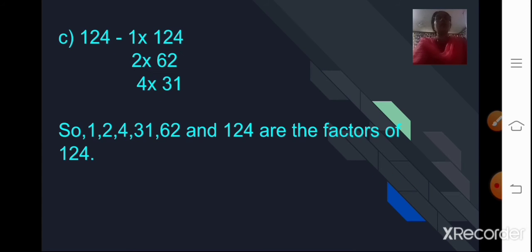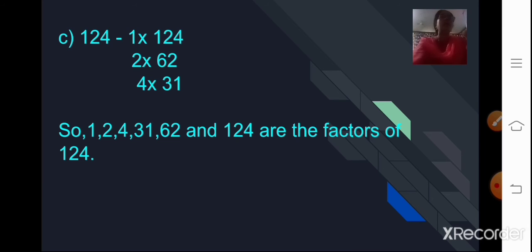Now coming to the next number, 124. Here let us start with 1. 1 into 124 is 124. Now 4 is in the ones place, that means it is divisible by 2. When you divide 124 by 2, you get the quotient 62, which is also one of the factors. Now 4 plus 2 is 6, 6 plus 1 is 7.